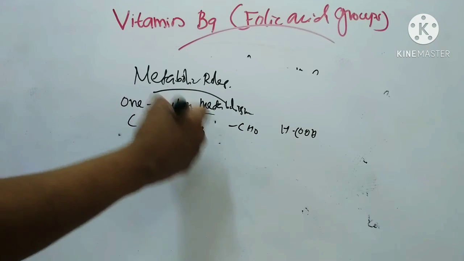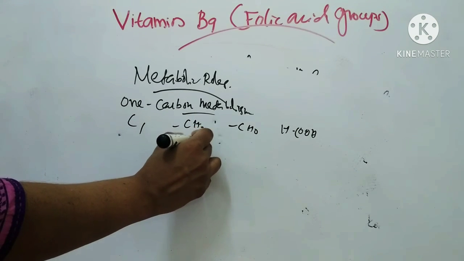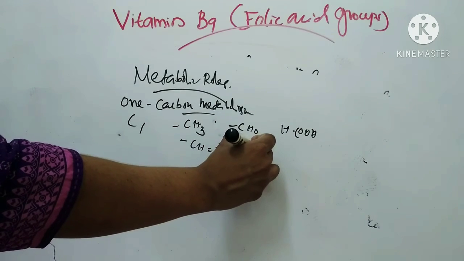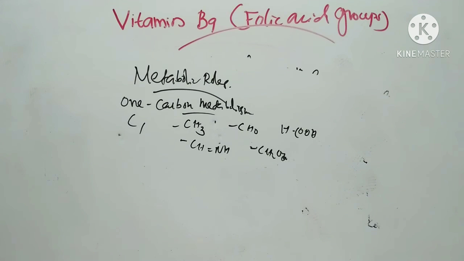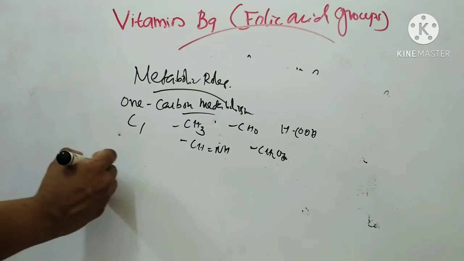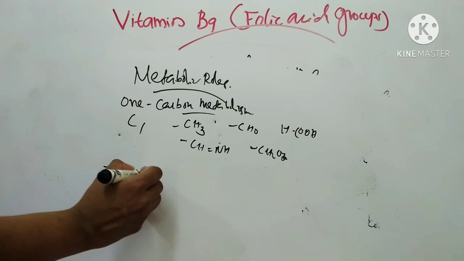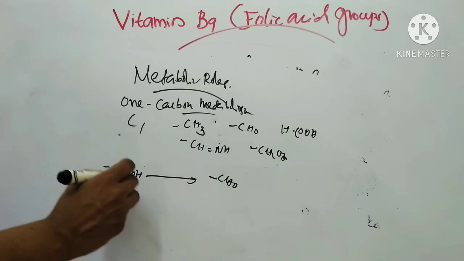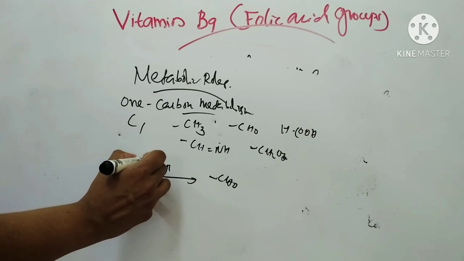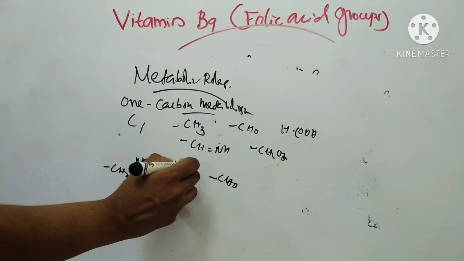Then the formimino group, that is CH=NH, then hydroxymethyl, that is CH2OH. These are metabolically interconvertible and are catalyzed by an NADP plus dependent hydroxymethyl dehydrogenase. CH2OH, hydroxymethyl, is converted to CHO, formyl, with NADP plus converted to NADPH plus H plus.